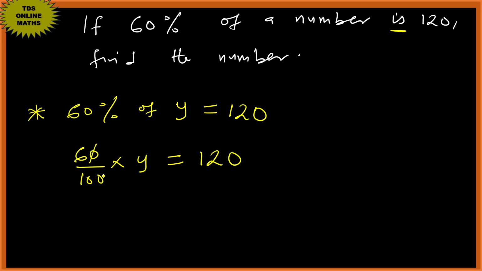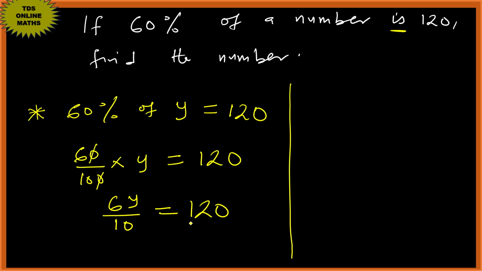So this one will cancel this. I will leave it 6y on 10 equals 120. Okay, so we can do cross multiplication. So 1 times 6y is 6y. So 120 times 10 is 1,200.